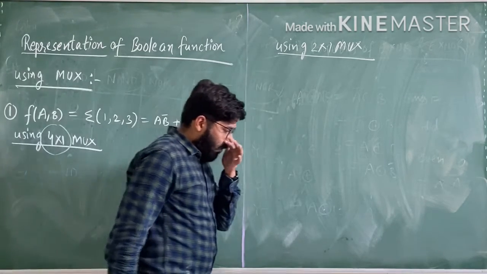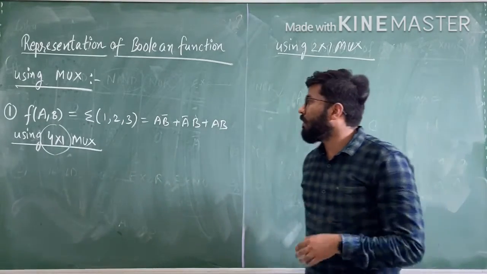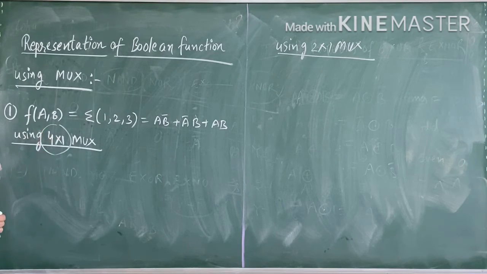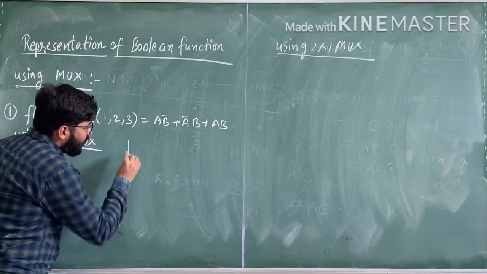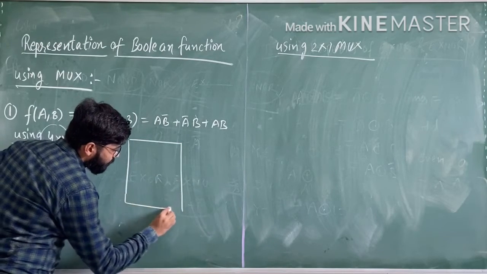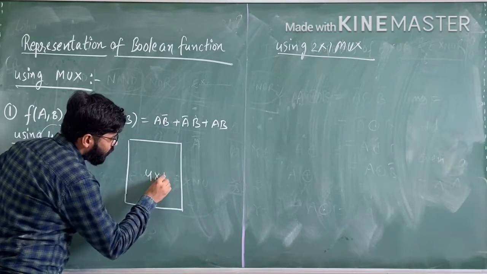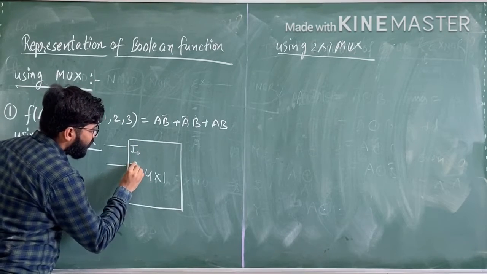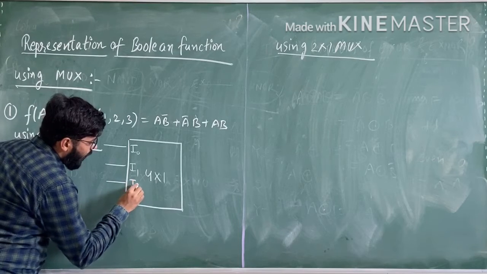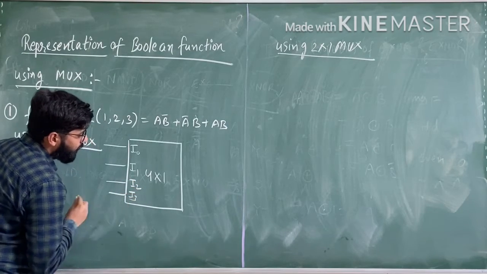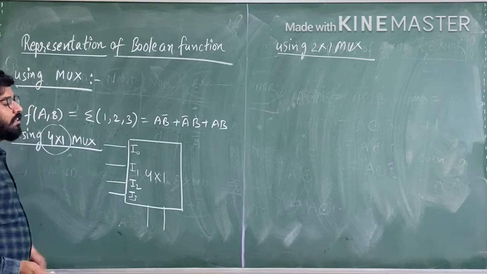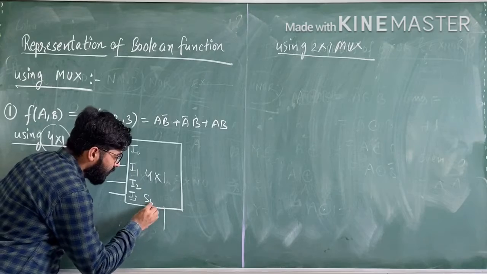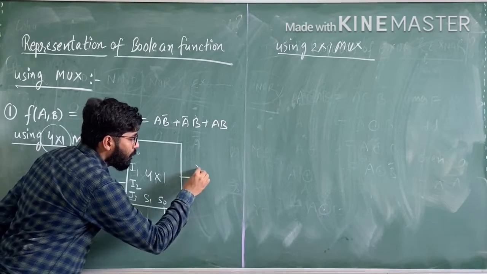Okay, so you have a question of Boolean expression, you have to implement this with the 4 cross 1 mux. So firstly you have to draw a 4 cross 1 mux and you have 4 input pins I0, I1, I2, I3 and 2 select inputs, because in the 4 cross 1 mux we have 2 select inputs, that is S1 and S0, and 1 output.